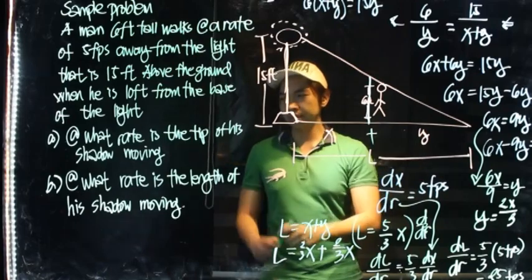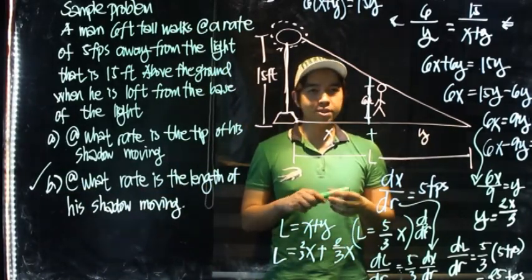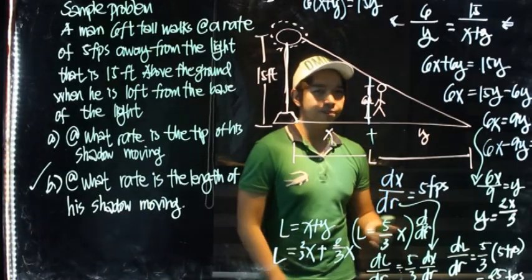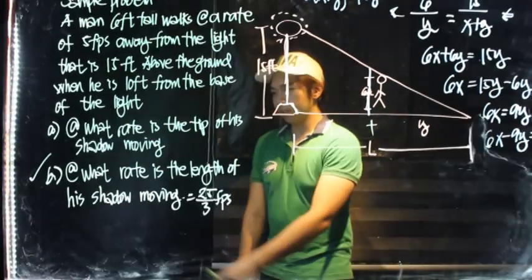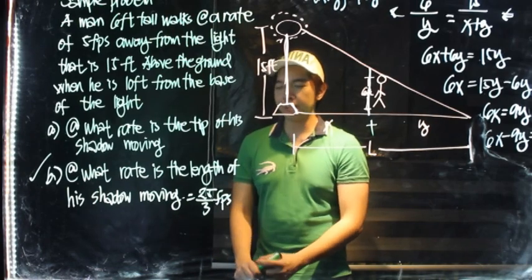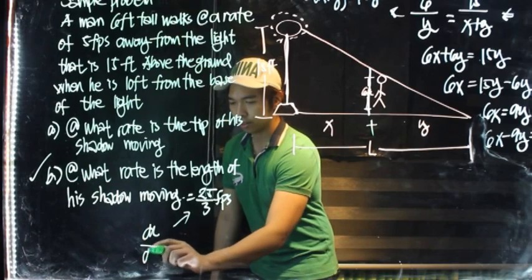This is for our letter B. We've already solved letter B. Let's cut this video for a while so that I can erase this part. So we've already solved our shadow moving at 25 over 3 fps, which is our dl over dr.